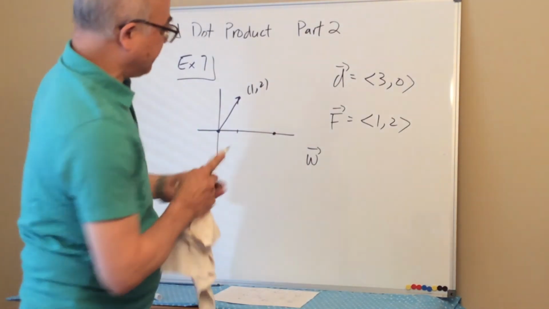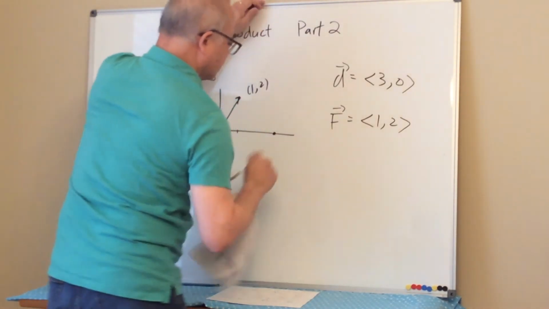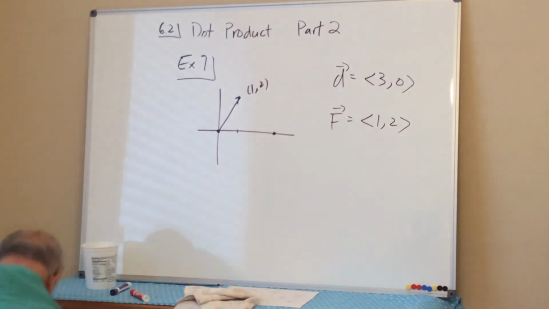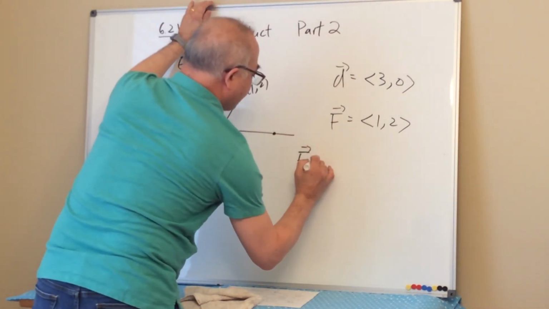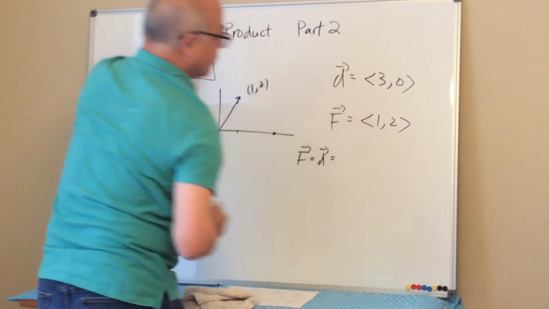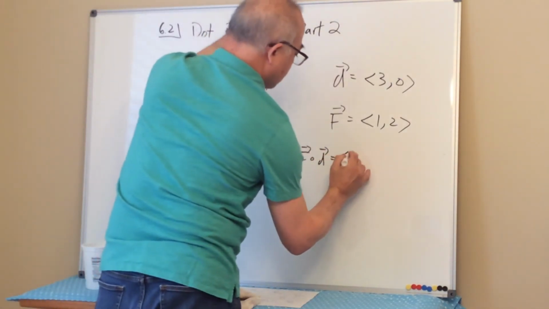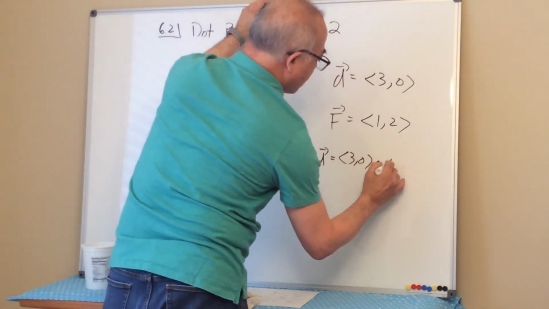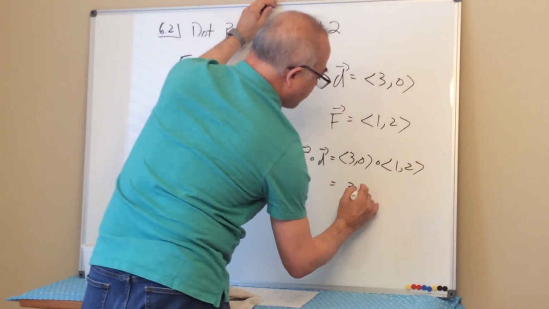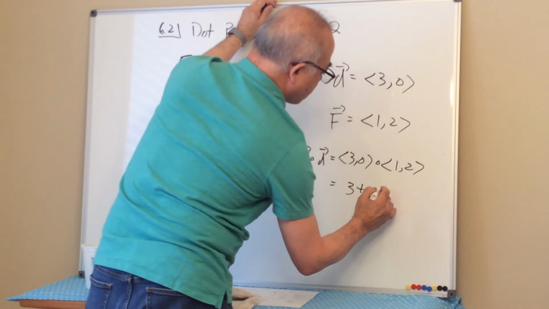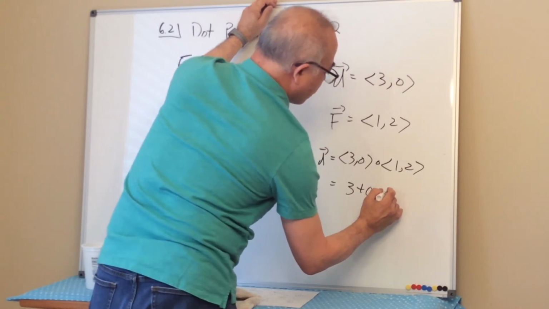So the work is F dot D, which is 1, 2 dot 3, 0.